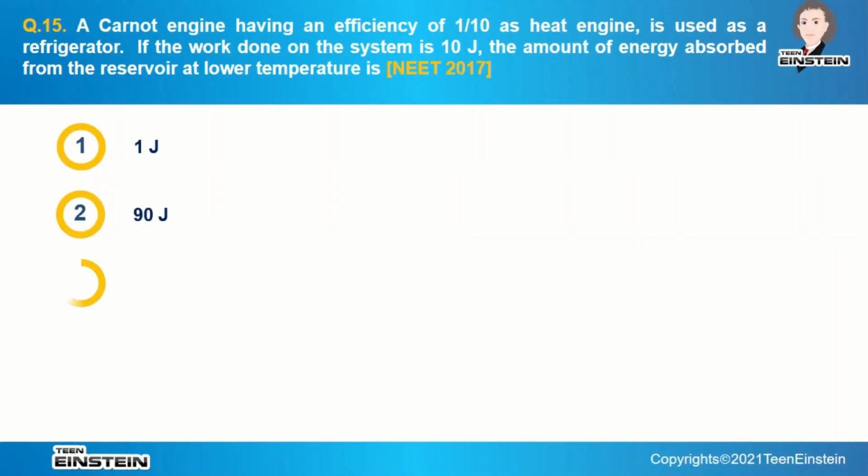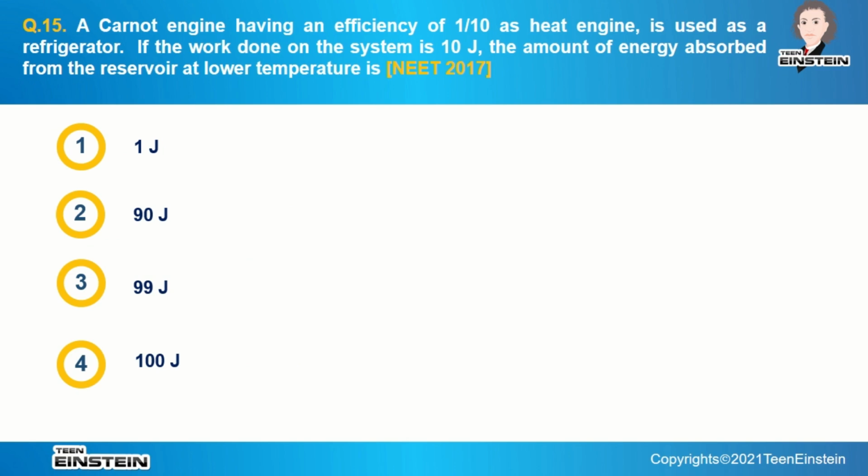Okay, the next question is a Carnot engine having an efficiency of 1 by 10 as a heat engine is used as a refrigerator. If the work done on the system is 10 joules, the amount of energy absorbed from the reservoir at low temperature is. So they want us to calculate the amount of energy being absorbed.